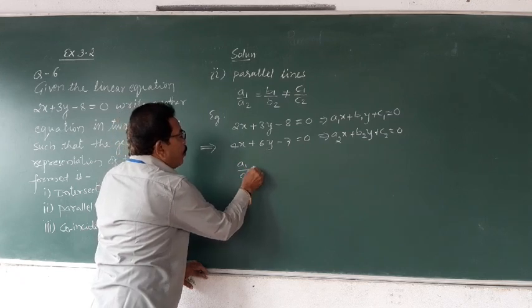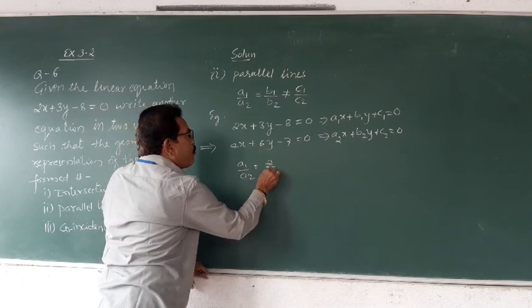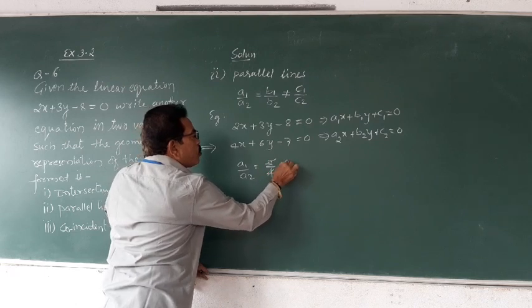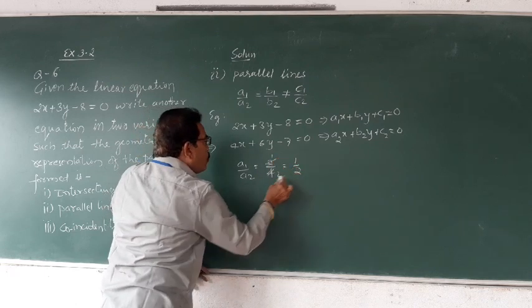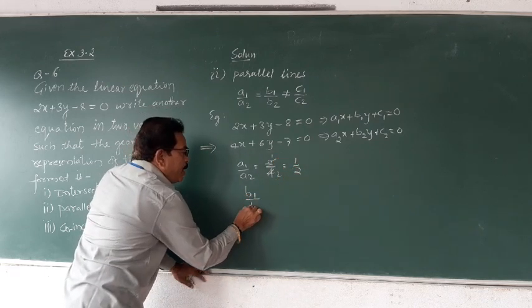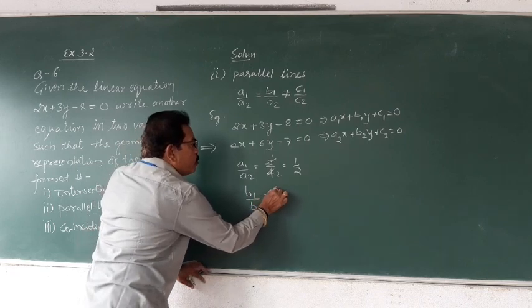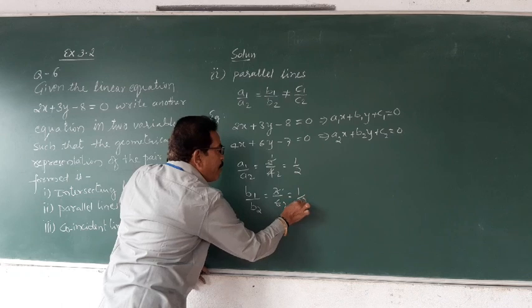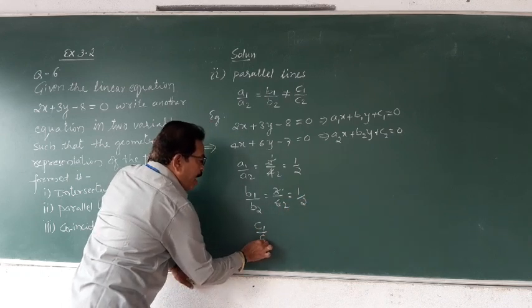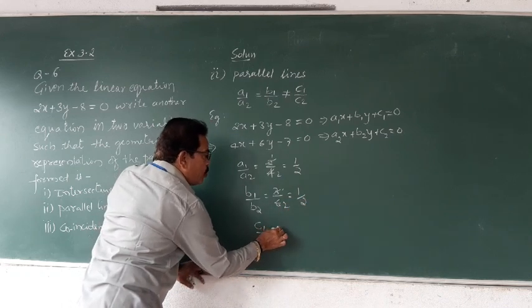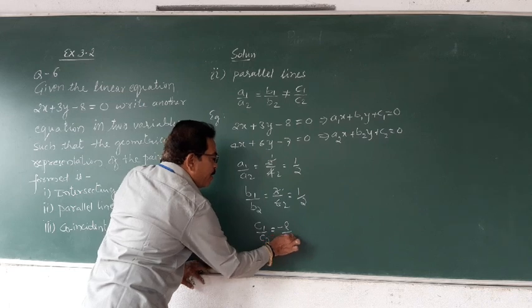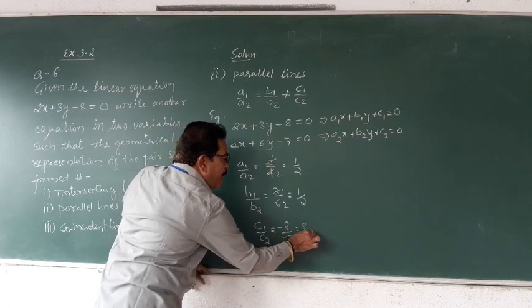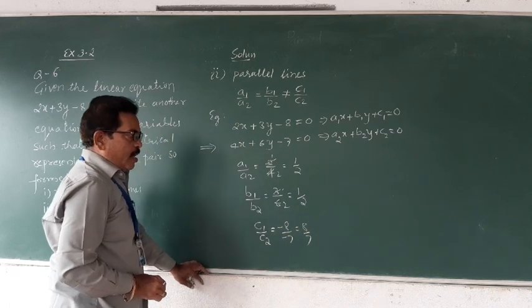a1 by a2 equals to 2 by 4, 2 ones are 2, 2 twos are 4, that is 1 by 2. b1 by b2 equals to 3 by 6, that is 1 by 2. c1 by c2 equals to minus 8 divided by minus 7, that is 8 by 7.